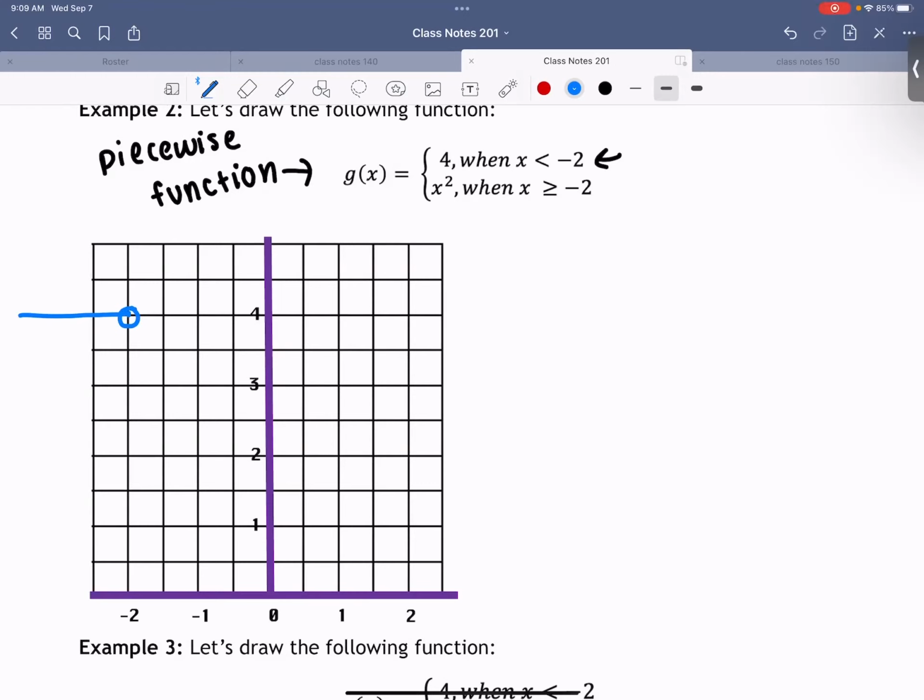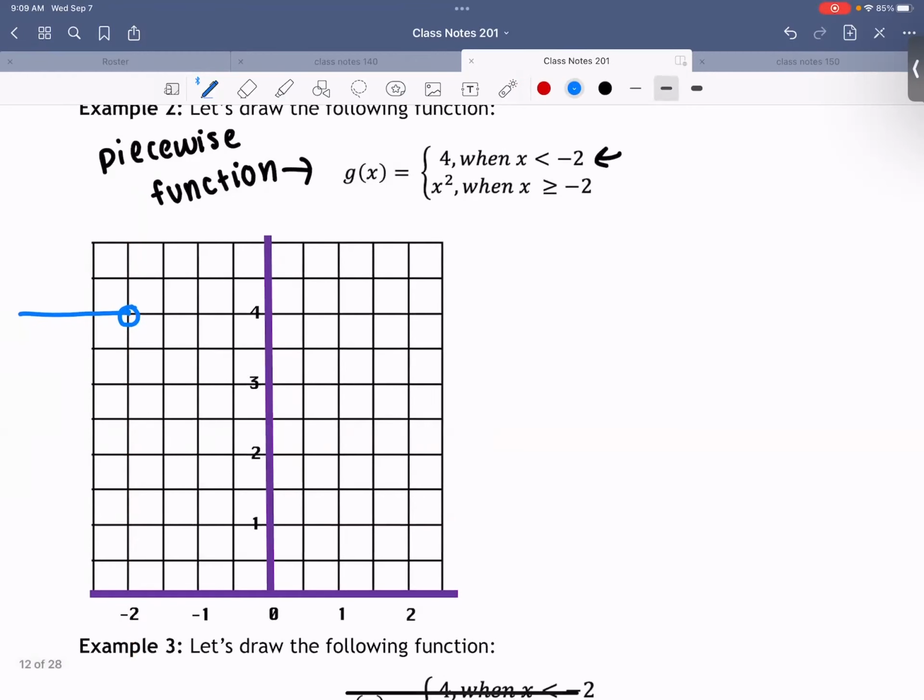So let's go to the right of x equals -2. We're essentially dividing the graph into 2 different pieces. I know what x squared looks like. That's a parabola, right? So I can literally just draw my parabola. We've got -2 and 4, and a big parabola going on here.